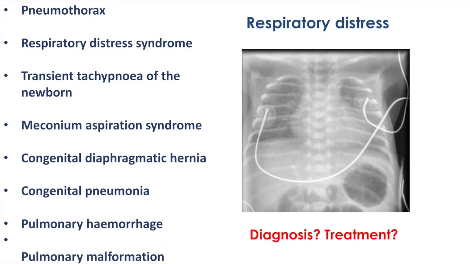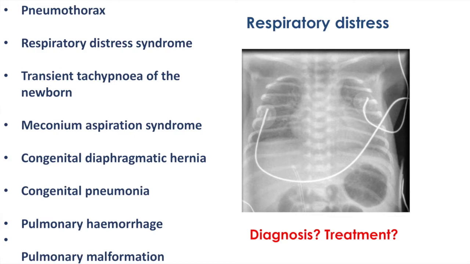Of course, the main pathology in neonates is respiratory distress, and lung ultrasound can support your clinical examination and investigation for the diagnosis of the cause of your respiratory distress.